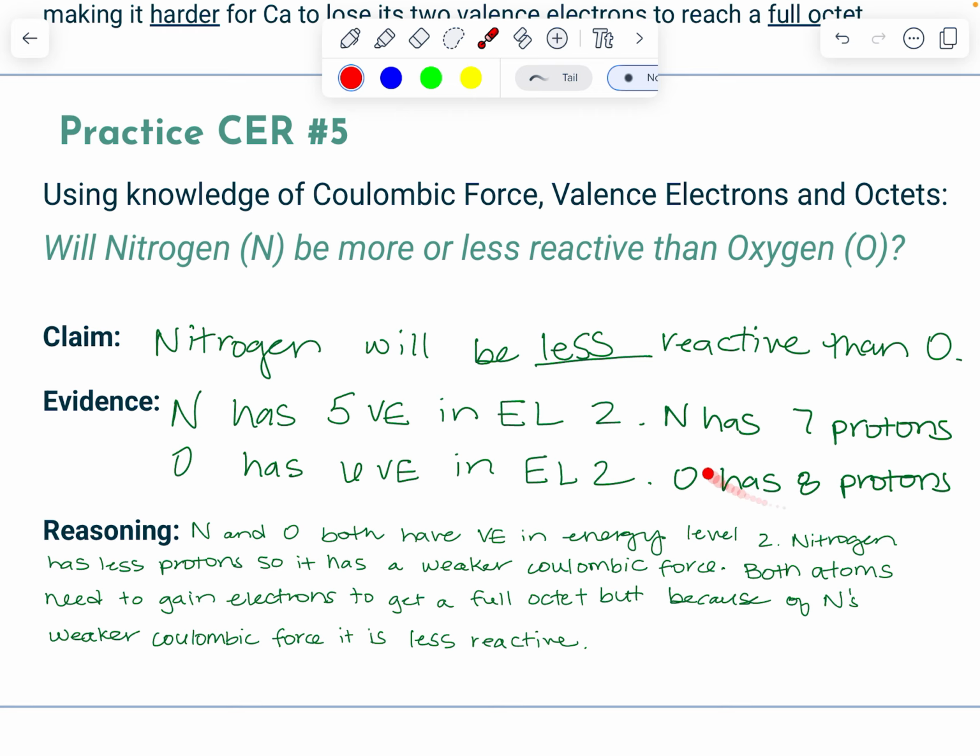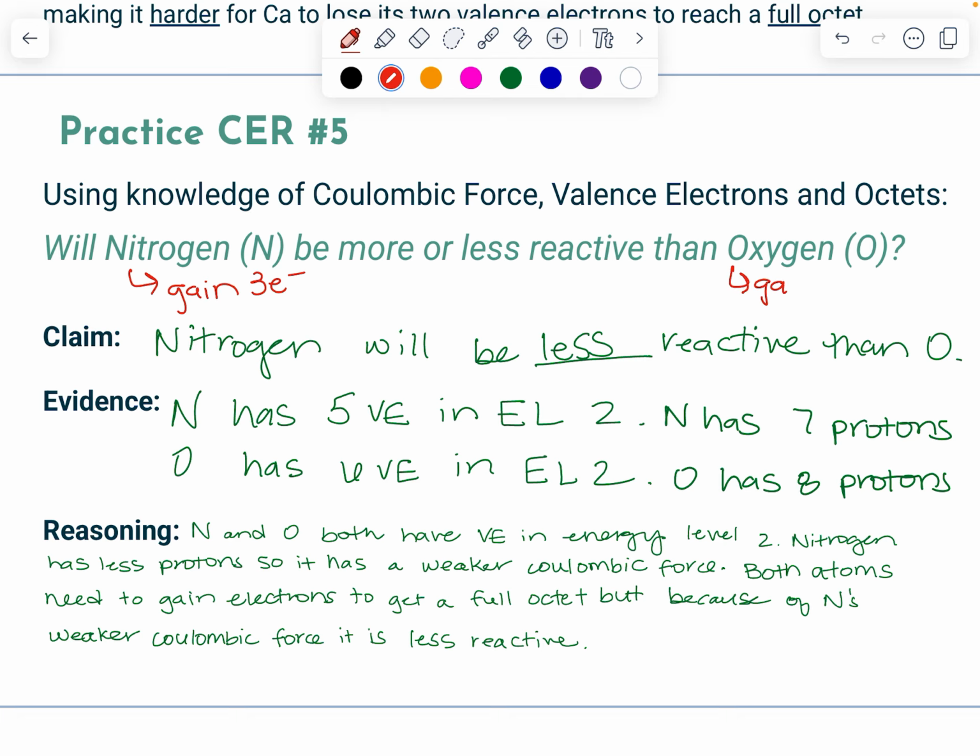And then I also have their protons because the energy levels are the same. Upon writing this, you may have flipped your claim. But if we think about this, how are both of these going to get to that octet? Well, nitrogen is going to need to gain, because it's going to be easier to gain 3 electrons than to lose 5.